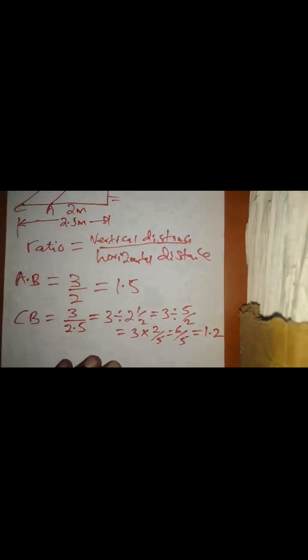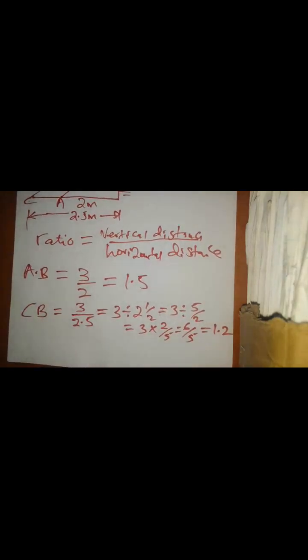So from this illustration, it is very clear that ladder AB will give a steeper slope than ladder CB, and that is evidenced by the gradients.